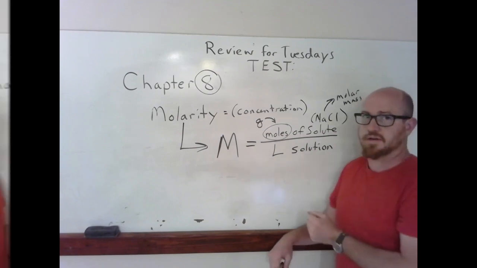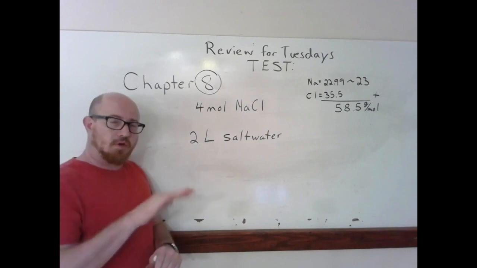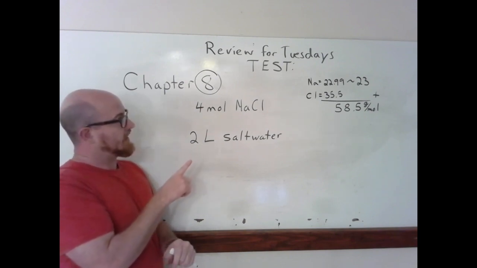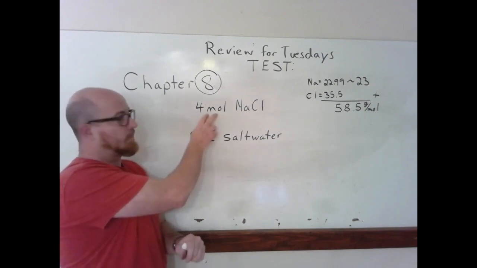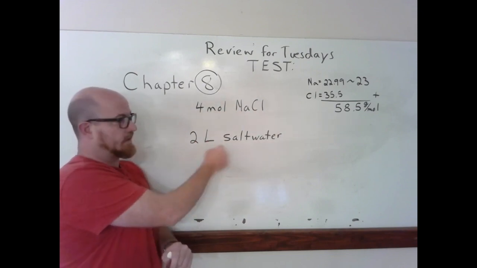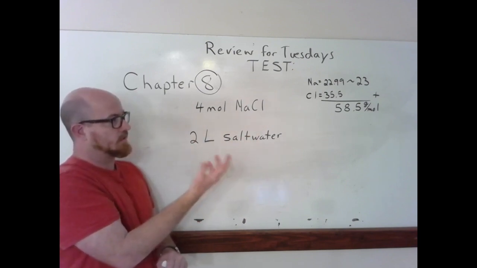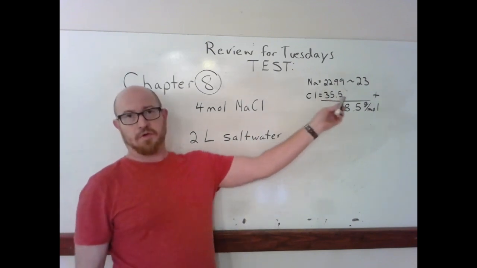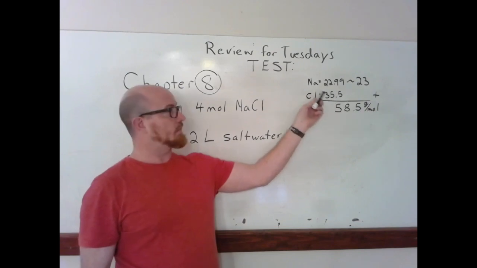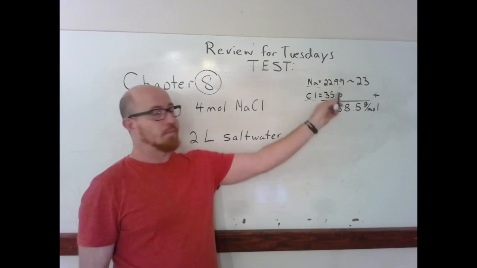What's the molarity? Okay, let's take that same example of salt water. Let's start with the fact that maybe I give you 4 moles of salt, and I give you 2 liters of salt water. First, I'm just going to make sure that I understand that all I did over here is look to your periodic table, and I calculated sodium and chlorine molar mass.